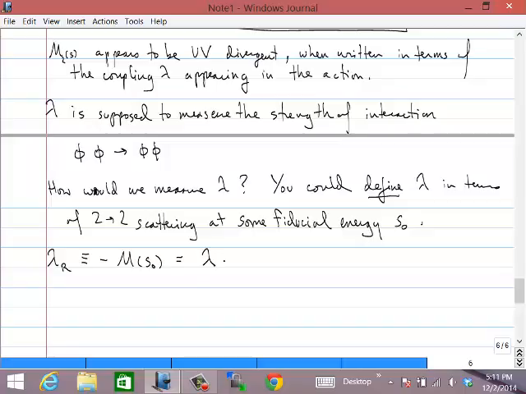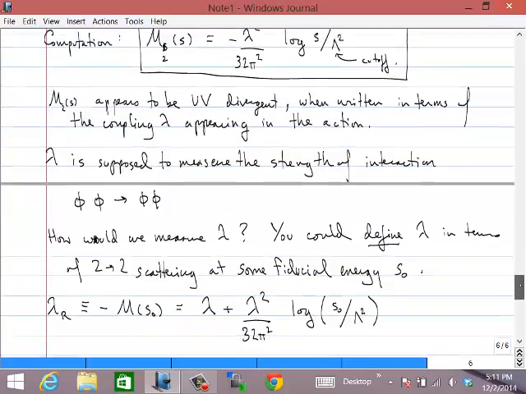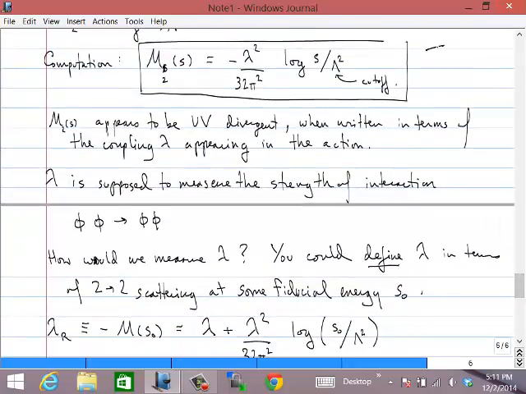So this would be lambda plus lambda squared over 32 pi squared times this log divergent term. And then what we would like to do is understand what this apparently divergent term looks like when I rewrite it in terms of the physical coupling, the renormalized coupling, instead of the parameter that appears in the action.